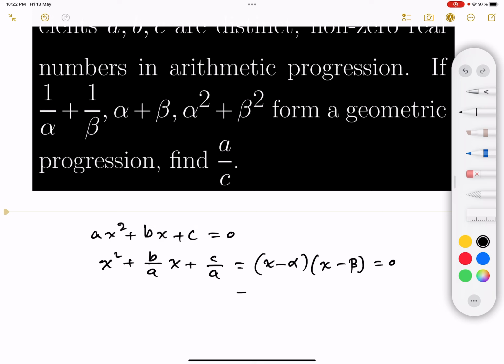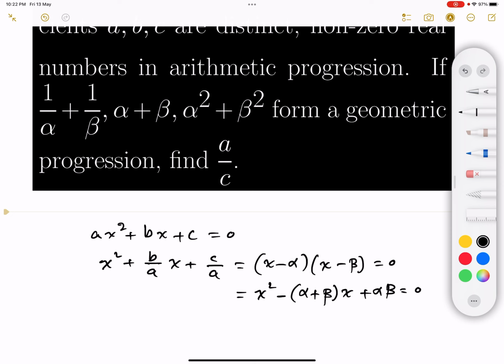If we distribute the two parentheses, we get x squared, and I guess we have a negative sign here, minus alpha plus beta x plus alpha beta, equal to 0.